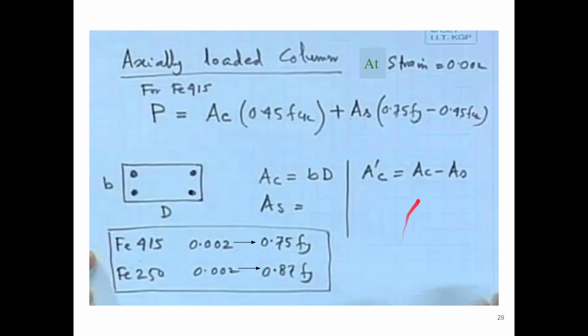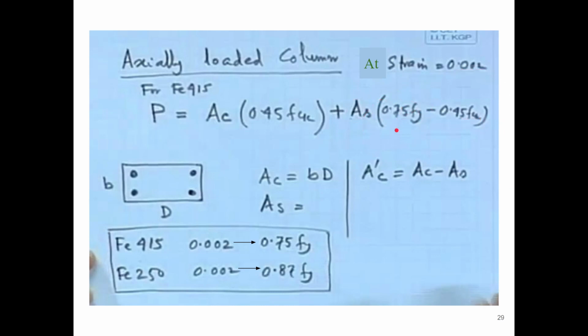Okay, so the total load carrying capacity of the column will be the load carrying capacity of the concrete plus the load carrying capacity of steel, right? So the load carrying capacity of concrete will be AC into 0.45 fck, whereas the load carrying capacity of steel will be AS into 0.75 fy minus 0.45 fck. This is because only steel is not acting, right?